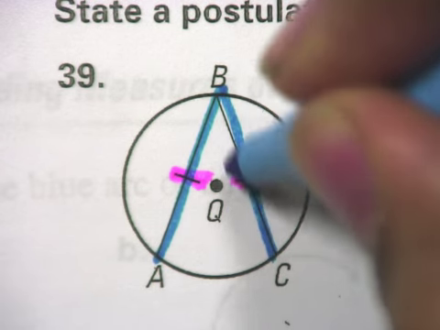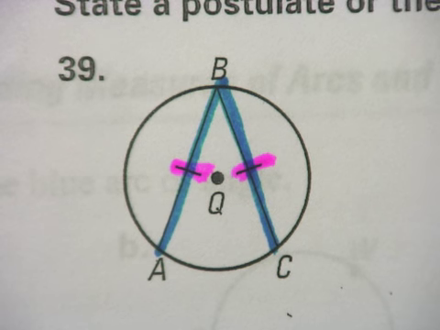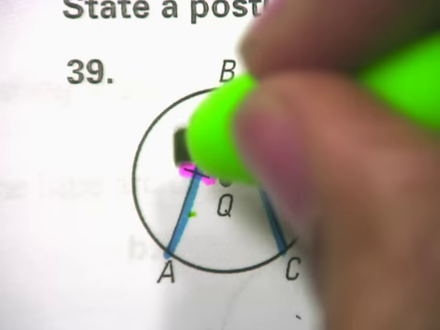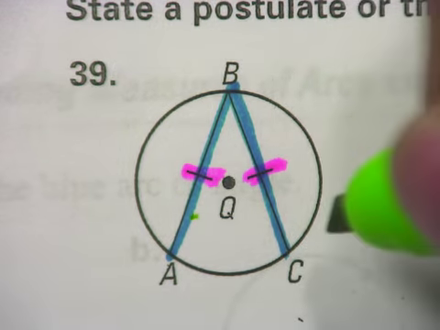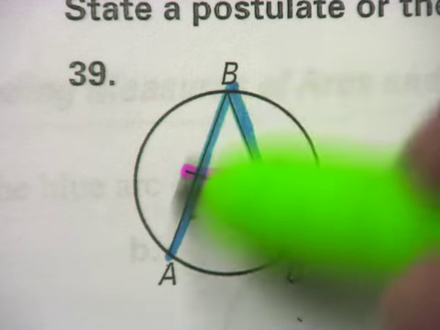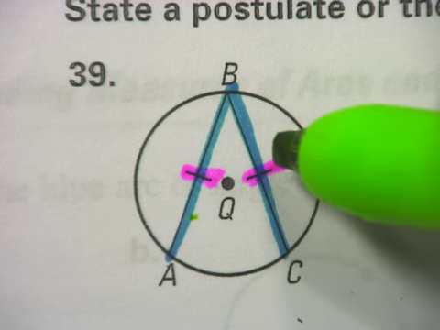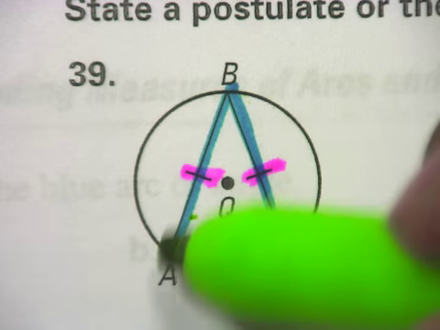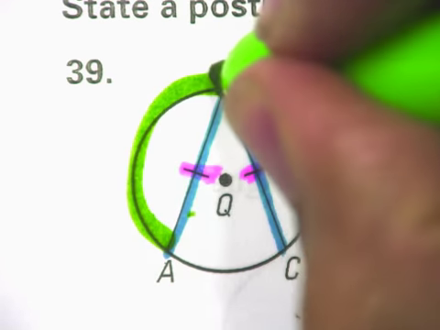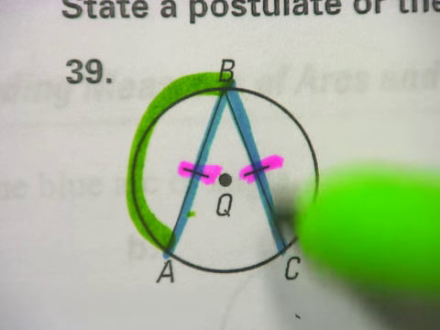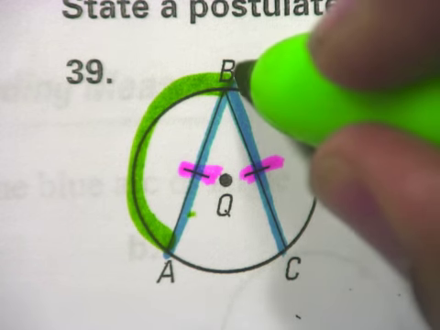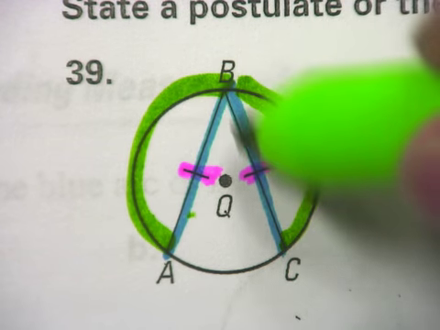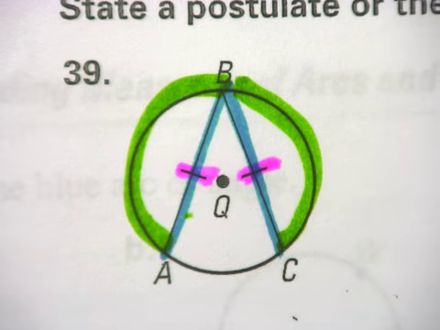Well, I can see here that arc AB is congruent to arc BC. If arc AB is congruent to arc BC, well then I know that, I misspoke there, I'm sorry, let me clear that up. If chord AB, here I can see chord AB, is congruent to chord BC. Well, chord AB makes arc AB, and chord BC makes arc BC.